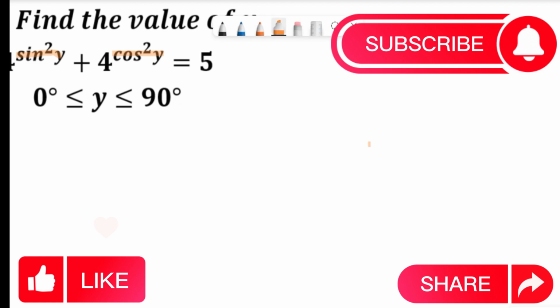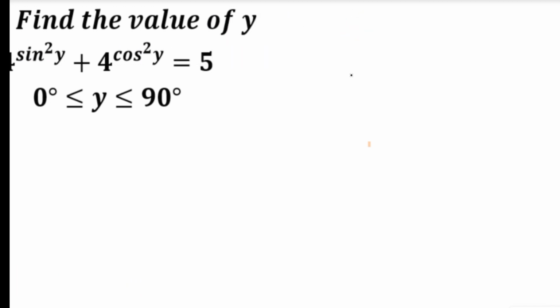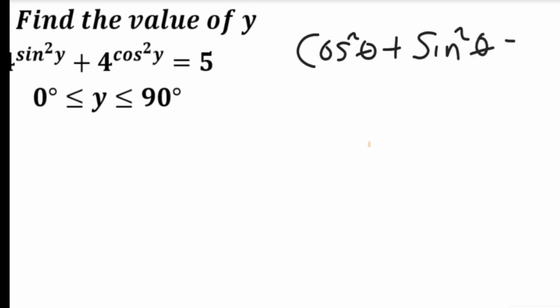The first thing we have to do is to simplify the trigonometric identity or ratios that we have been given. According to our trigonometry, we have cos square theta plus sine square theta is equal to 1.